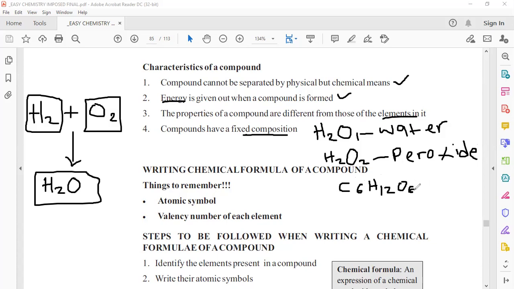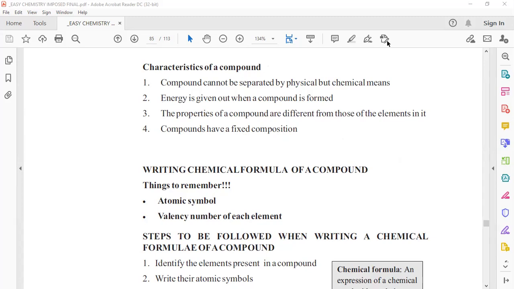The moment you tamper with these proportions, you change the name of the compound. Those are some of the characteristics of a compound. So what is a compound? A compound is a chemical substance formed when two or more different elements chemically combine.